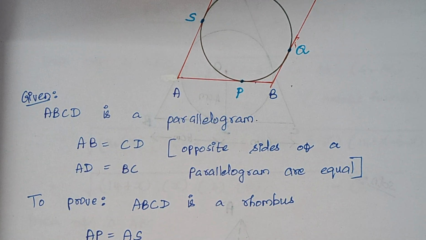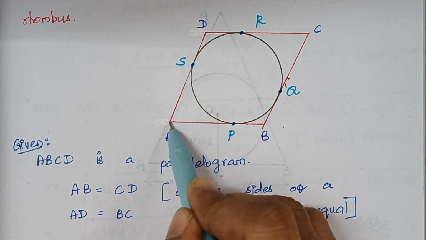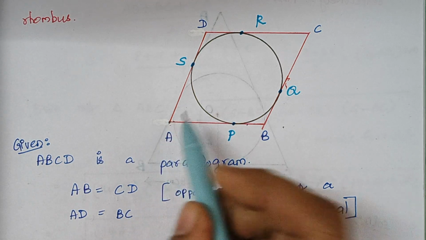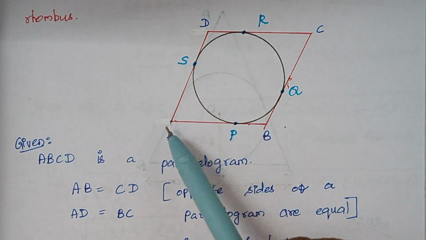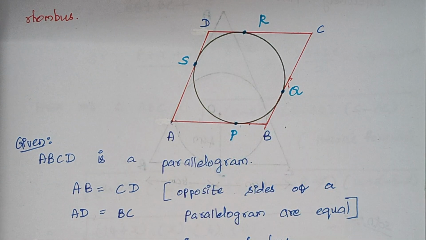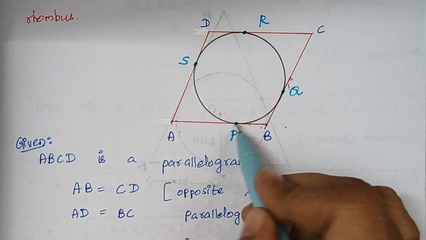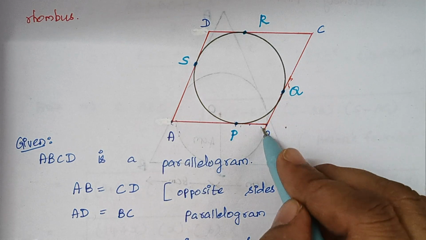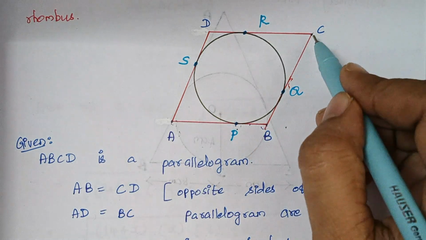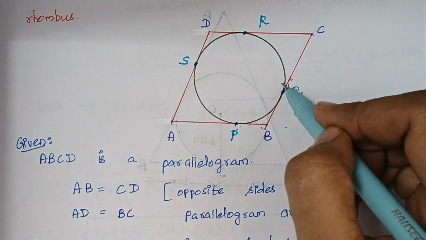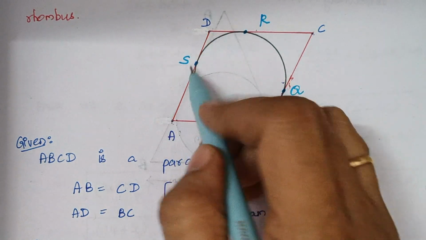Again, by using our theorem 10.2: A is an external point and AS and AP are the tangents drawn to the circle, so AS will be equal to AP. Similarly, B is an external point, and BQ and BP are the tangents. Therefore, BQ is equal to BP. Similarly, C is an external point, so CR should be equal to CQ. Finally, D is an external point, so DR will be equal to DS.